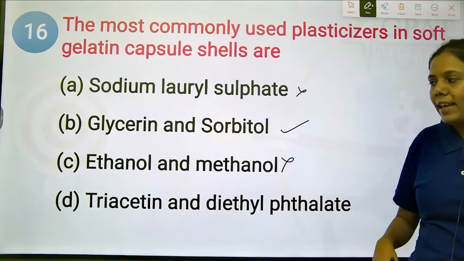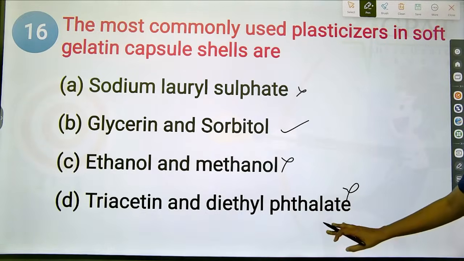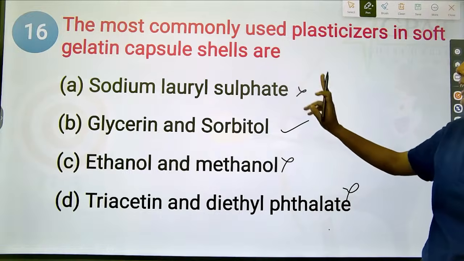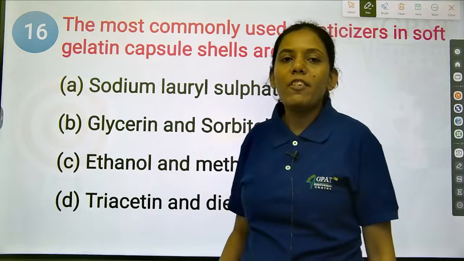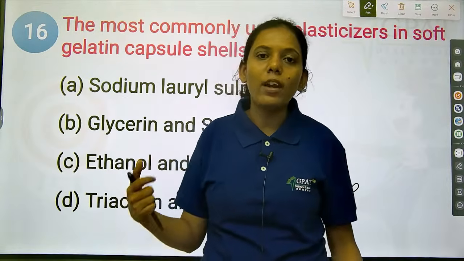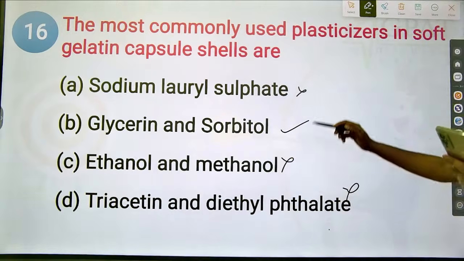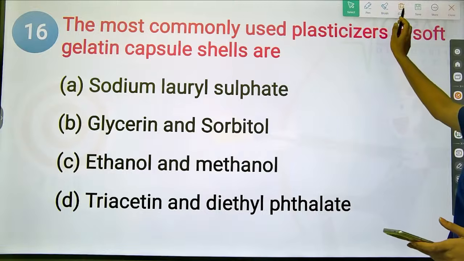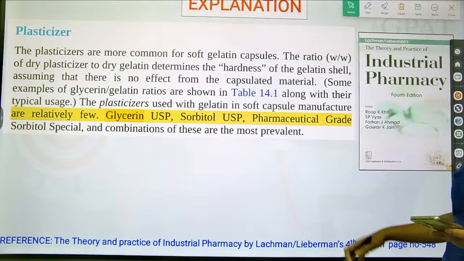Ethanol and methanol are solvents. Triacetin and diethyl phthalate are preservatives, so we will not add these. Basically, the plasticizers are glycerin and sorbitol. Apart from that, you can also add polyethylene glycols, that is macrogol, and propylene glycol. Okay, so option B, very good, all of you. Option B is the right answer.